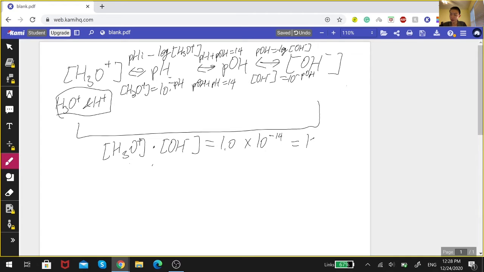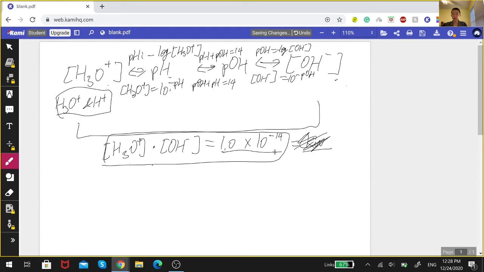And this is also equal to Kw. Kw is the equilibrium constant for water that we're going to use later. So right now you don't really need this, but it's good to know. If you're given either one of these, you can find the other, because we know what it should be equal to.